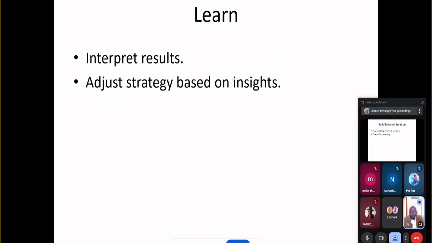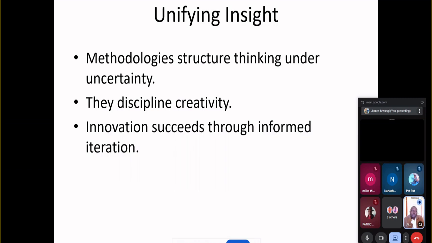So what is common in all these methodologies? Structure, thinking, order, and certainty. They structure your thinking, especially when you try to find a solution to a certain problem. These solutions can be many. How do you structure?